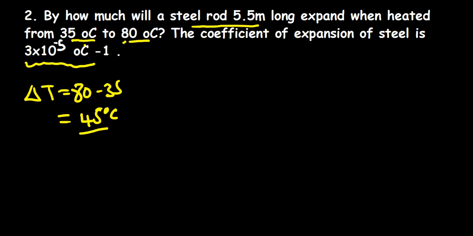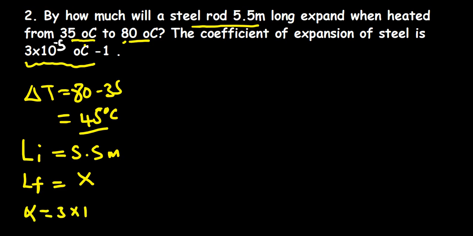And then our initial length will be 5.5 meters. Our final length, we do not know it, so we'll just put x. The coefficient will be given as 3 multiplied by 10 to the power minus 5 degrees Celsius to the power minus 1.